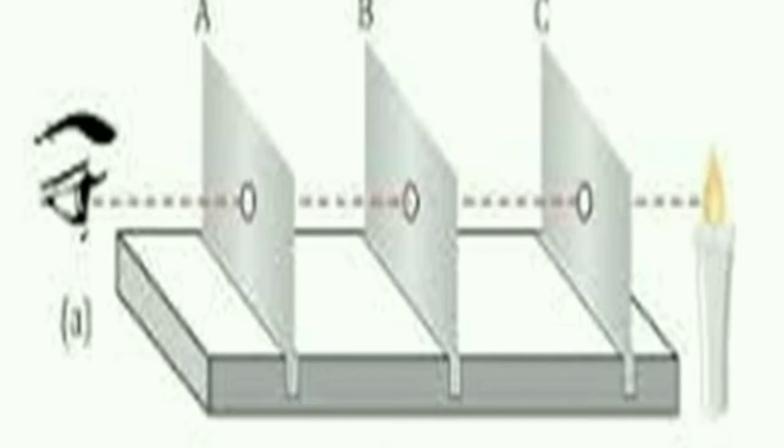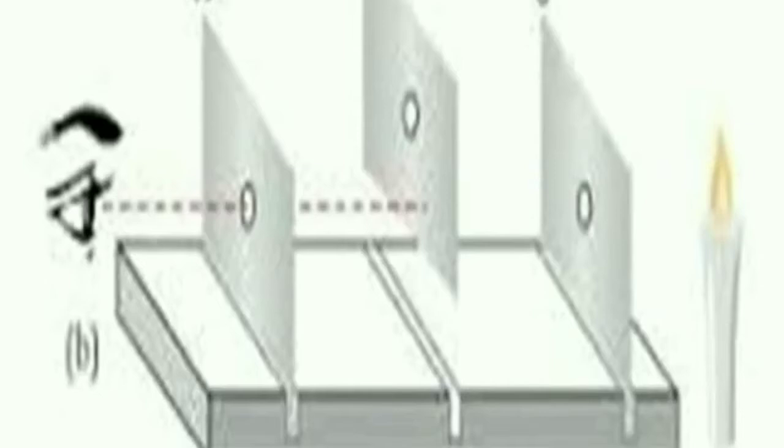Now we have arranged the cards in such a way that the holes of the cards lie along a straight line, so you will be able to see the burning candle very clearly. Now just move one card this way. What happens?